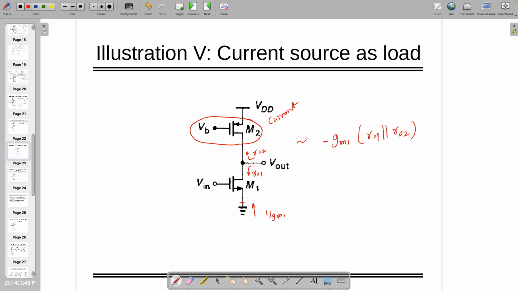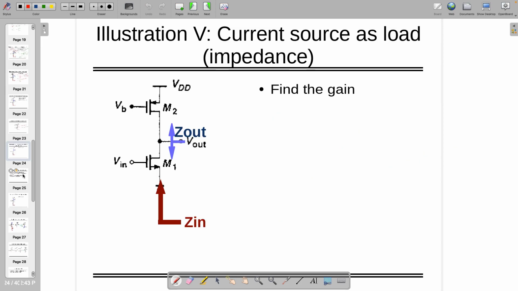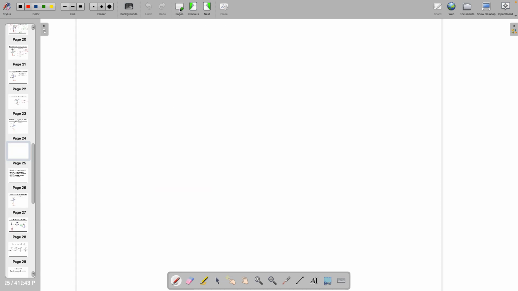Now we can add channel length modulation and body effect also, and you can find out where to keep body effect. Right? It's quite easy. Now I am going to ask you a question. There are 3 configurations I found out.